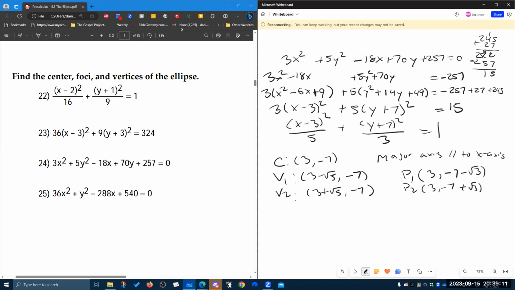And for my foci, I'm going to solve here that c is going to be the square root of 5 minus 3. C is going to be root 2. So F1 is going to be (3 minus root 2, negative 7), and F2 is going to be (3 plus root 2, negative 7).